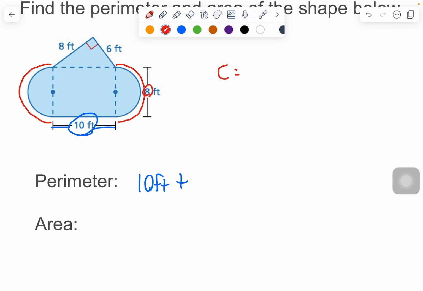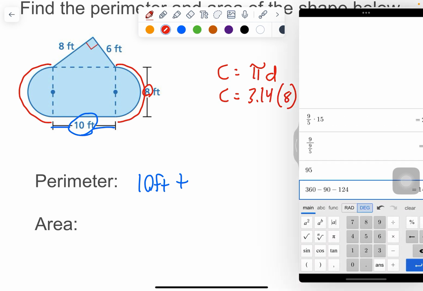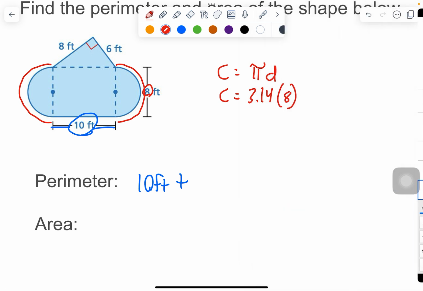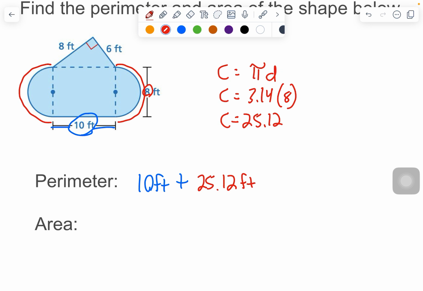So the circumference of the full circle is pi d, 3.14 times 8, and I get 25.12. I don't have to divide that in half because I've got half on one side and half on the other side, so that's just the whole circumference.